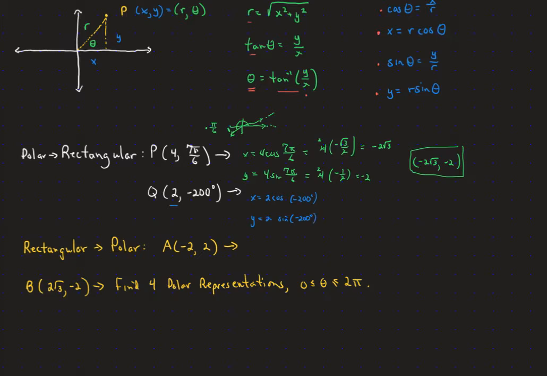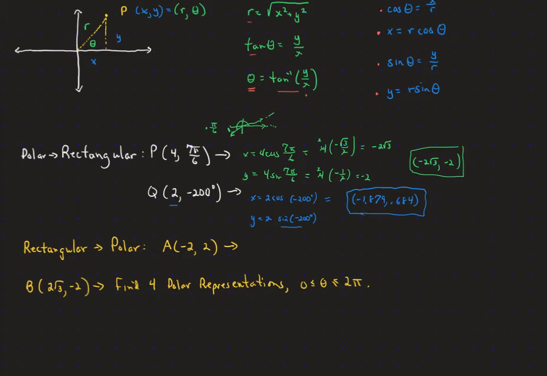This is not a known value, so here we can just enter it into our calculator, make sure you're in degree mode, and it'll be just punching that into cosine negative 200, and I believe that's going to give you an x value of negative 1.879. And when you do that for the sine rather, I believe you're going to get a positive 0.684.